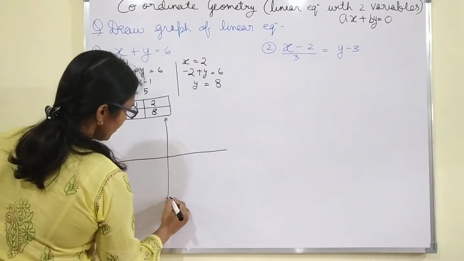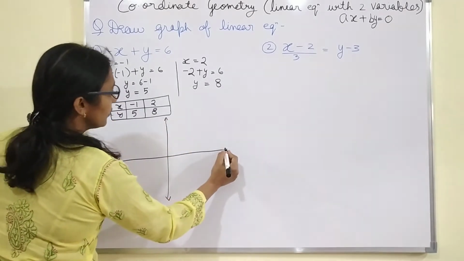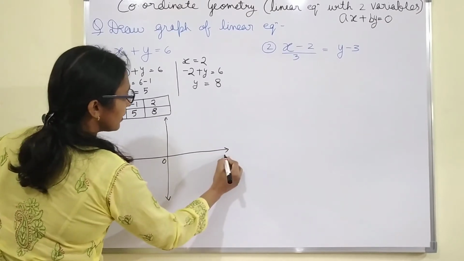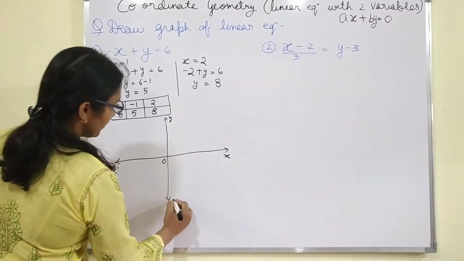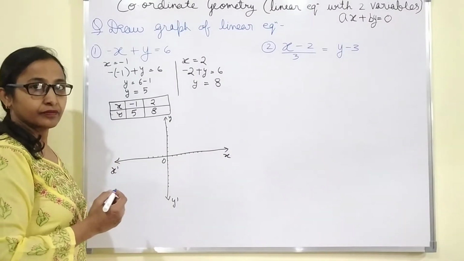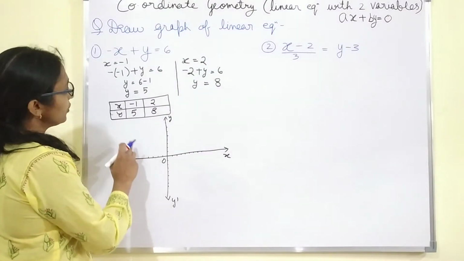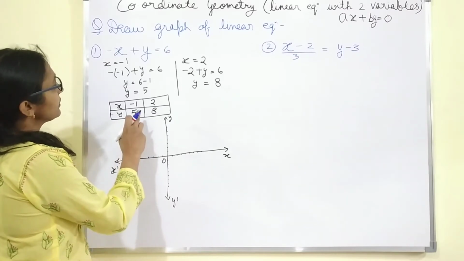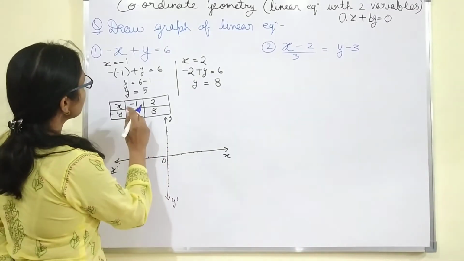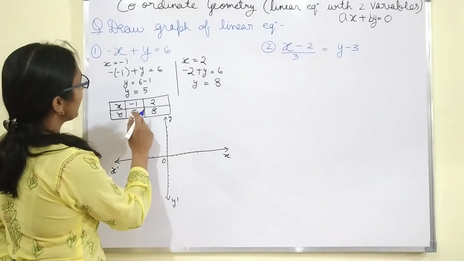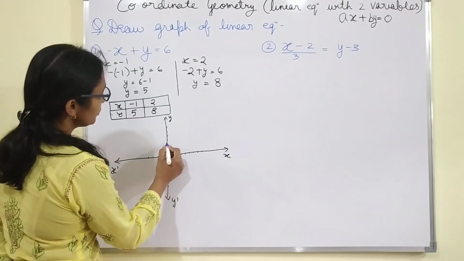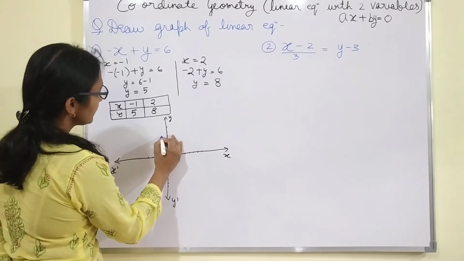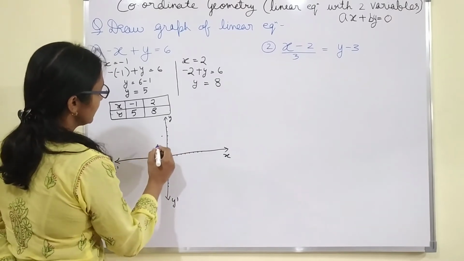Now, in Cartesian plane, in last video, I explained how to draw a Cartesian plane, graph. So, I hope you understood how to draw this. First coordinates are minus 1 and 5. Minus 1 and 5. 1, 2, 3, 4, 5.